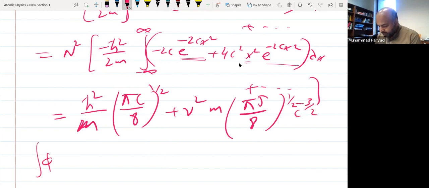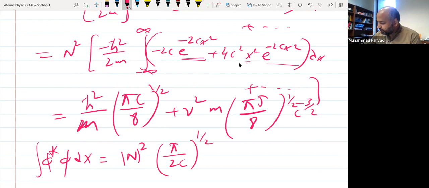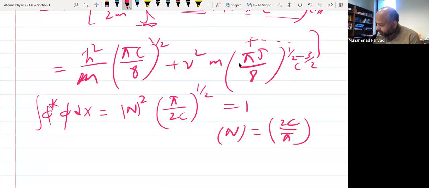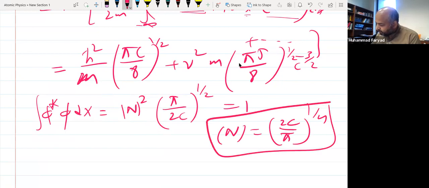And this integral phi star into phi, which was in the bottom, this similarly can be found as n square pi over 2c to the power half. And by requiring it to be 1, I can actually compute this n mod as 2c over pi to the power 1/4.